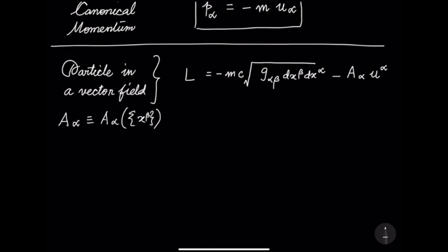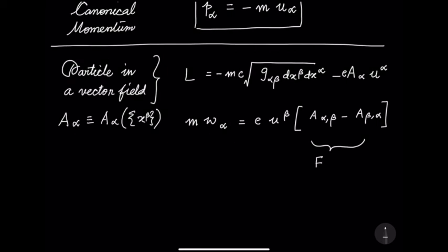Let me not go through the calculation, but if you do this, what you will get now is m omega alpha equals, I will have an e here, which is the charge of the electron, u beta, and then A alpha beta minus A beta alpha, which we write as a tensor.